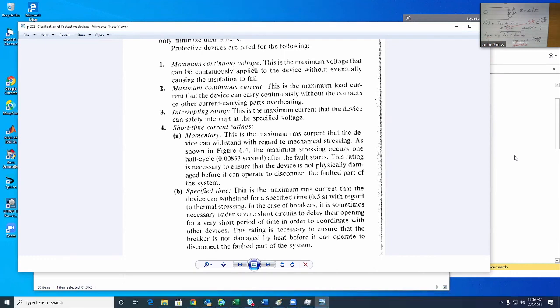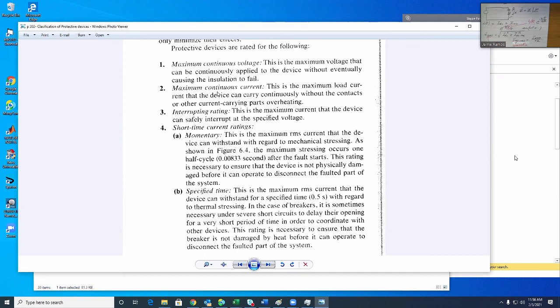It's got to be used in a system of voltage, so it has to be used in 208 volts or 480 or 4,160 or 13,800 or whatever, higher. So that's the voltage.